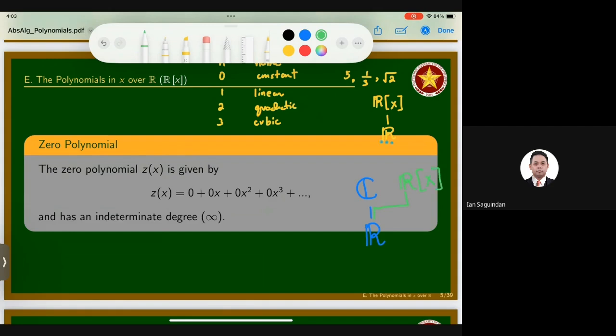So we are viewing the set of all real numbers in at least two ways. Aside from being a number, we can also see it as a polynomial since it is considered to be a 0 degree polynomial.